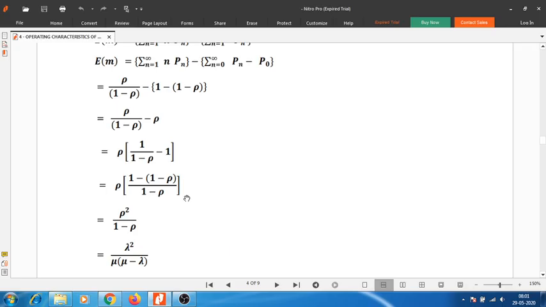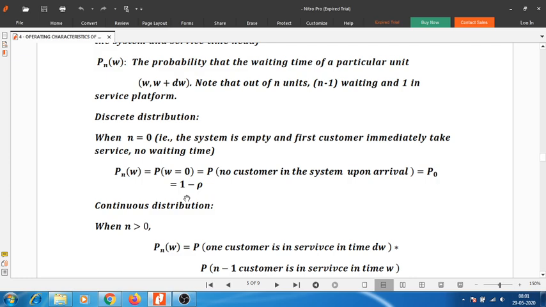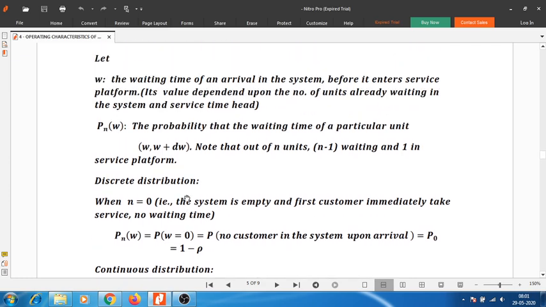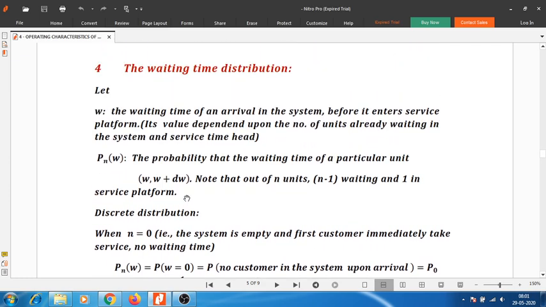Okay, right. Now once the customer is waiting for the service, naturally that waiting time is random in nature. So it also follows some probability distribution, that is known as the waiting time distribution. Why? Because the customer is waiting.